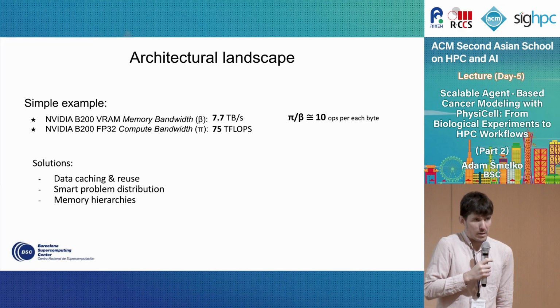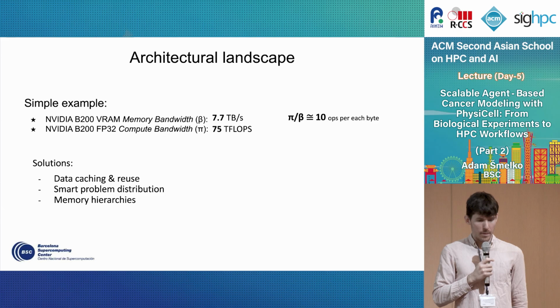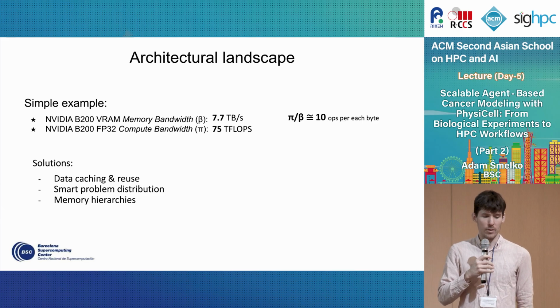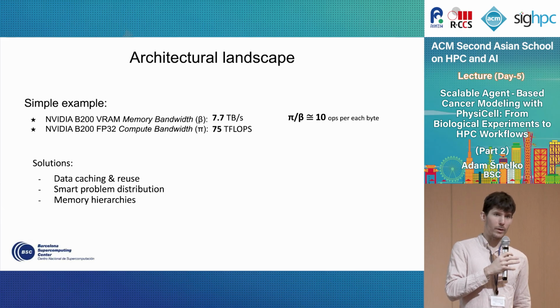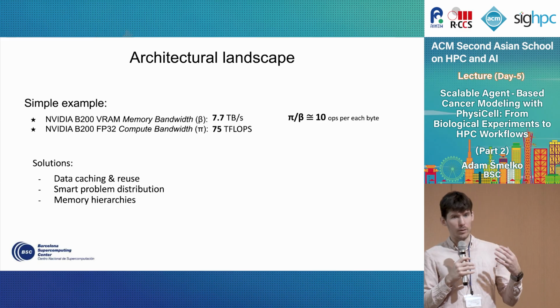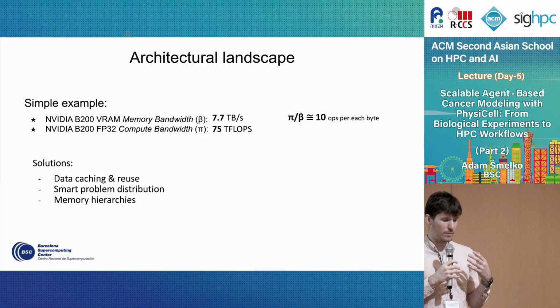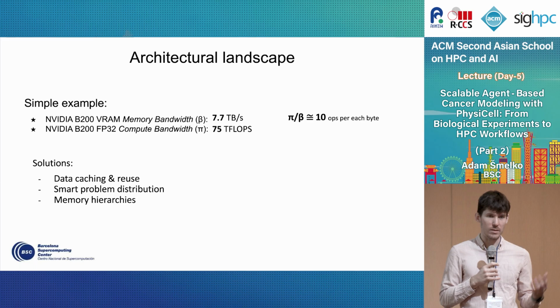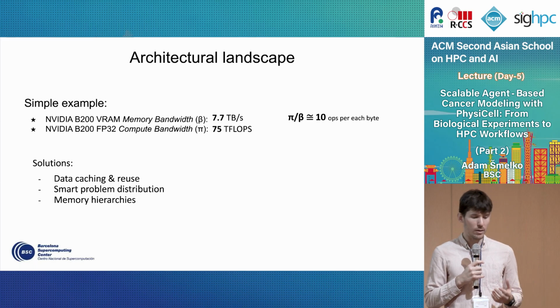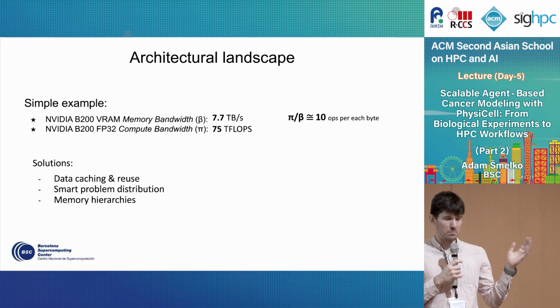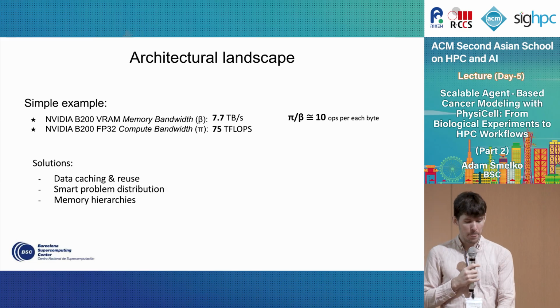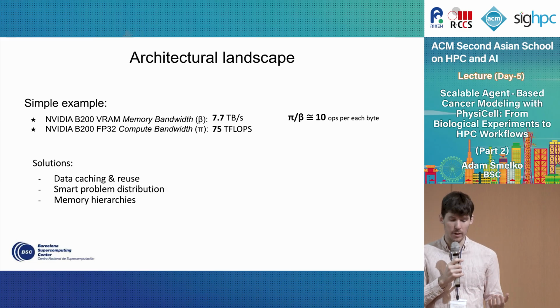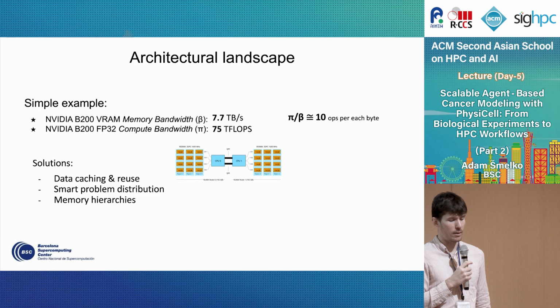So how can we actually fight against this? From the software side, we can write algorithms that reuse the data as much as possible, or do caching, or distribute the problem more effectively, or utilize the hardware memory hierarchies that you have there.